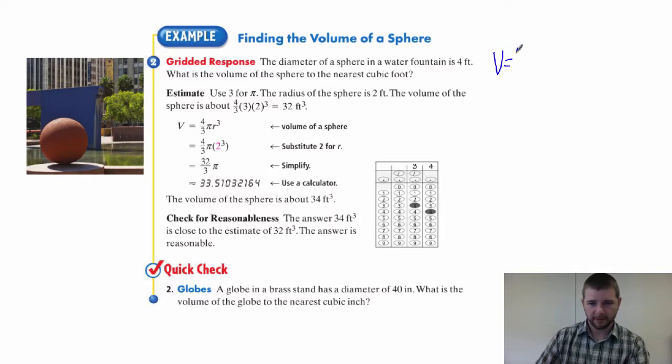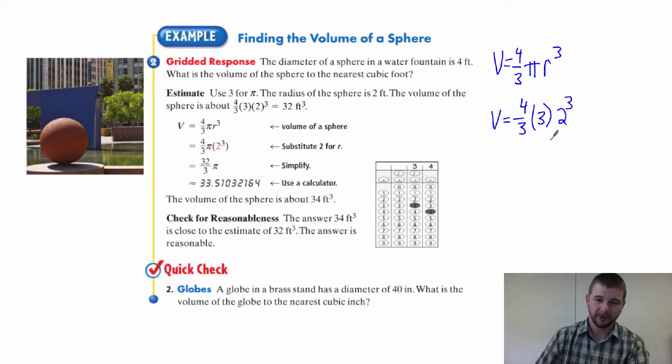Volume equals 4/3 pi times the radius cubed, and we substitute in our known values. Volume equals 4/3. We're allowed to approximate or estimate pi as 3 for this problem. And radius cubed, well, our radius is 2 feet.